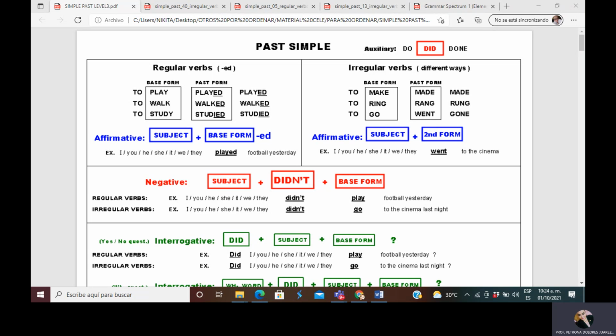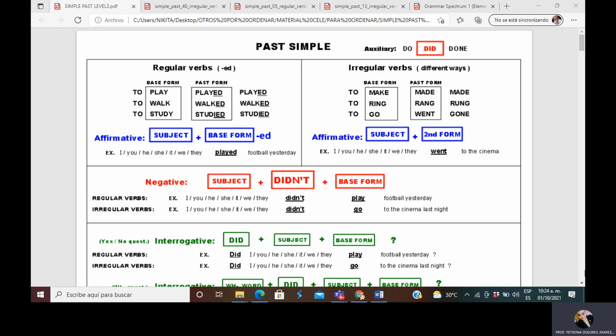If you observe, I sent you the list of verbs. In the list of verbs, you are going to find a column. In this column, there are different forms of the verbs. Columna 1, columna 2. Vamos a trabajar sobre la columna número 2 de la lista de verbos irregulares.